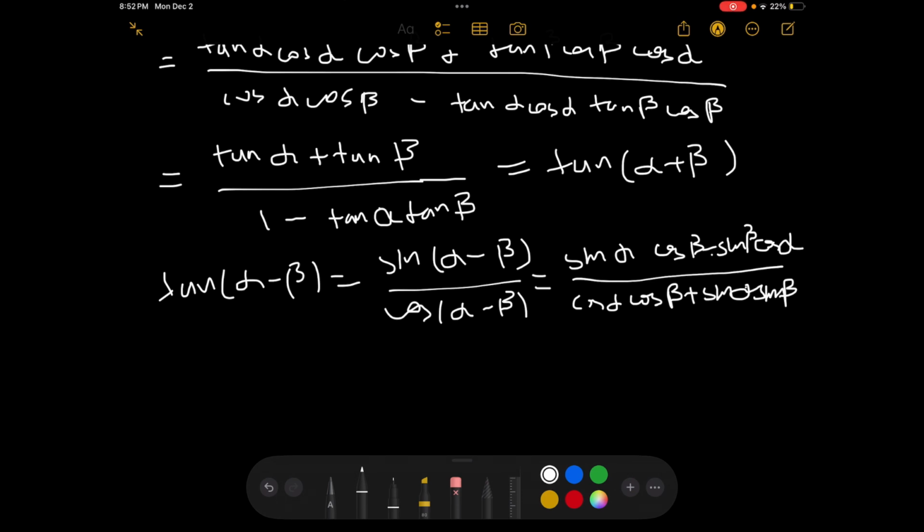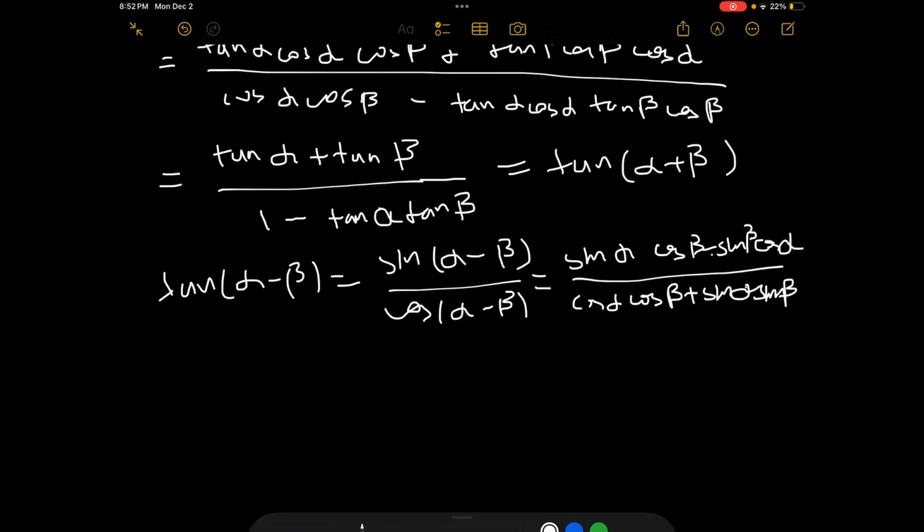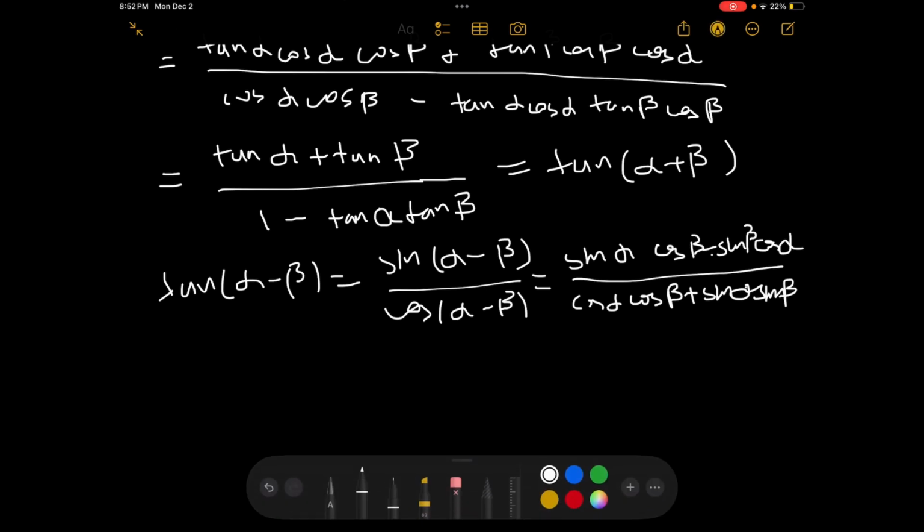Now I'm just going to show you the trick that I was talking about earlier. We're just going to divide the top and bottom by cosine of alpha and cosine of beta. In the first term on top, cosine of beta would cancel out, but we would be dividing by cosine of alpha, so that would be sine of alpha divided by cosine of alpha.